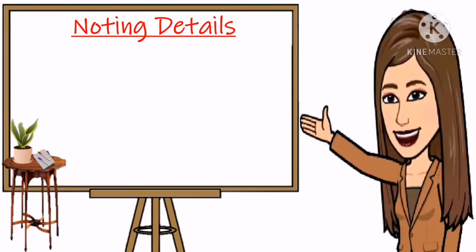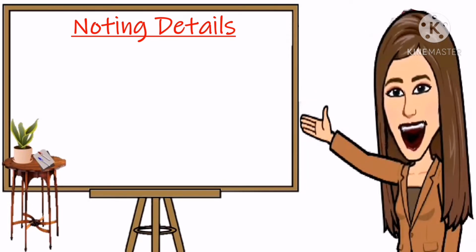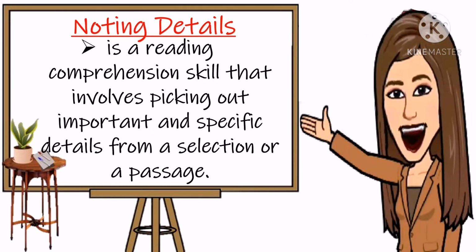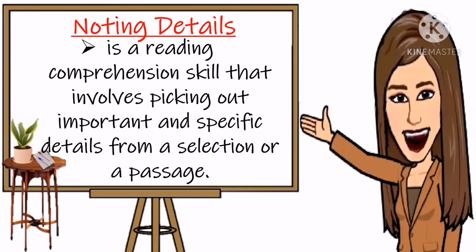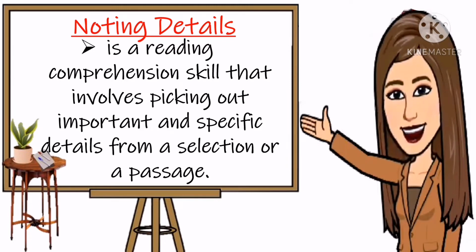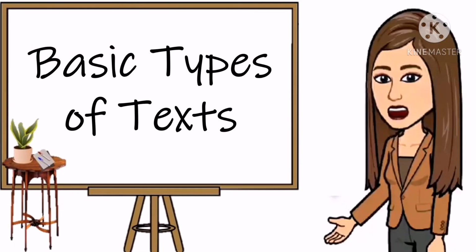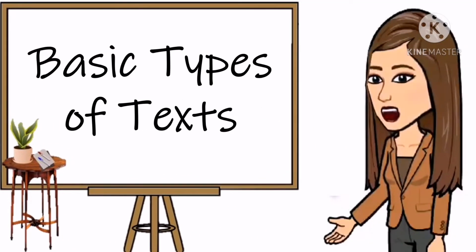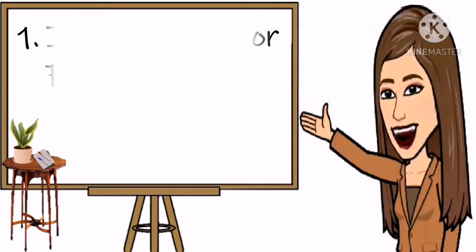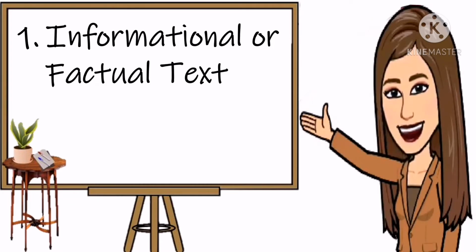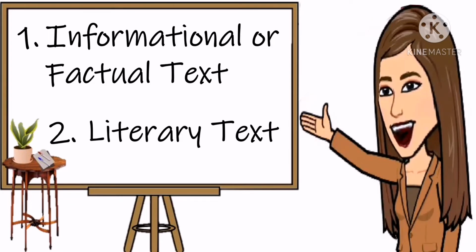Noting details is a reading comprehension skill that involves picking out important and specific details from a selection or a passage. There are basic types of text: the informational or factual text and the literary text.